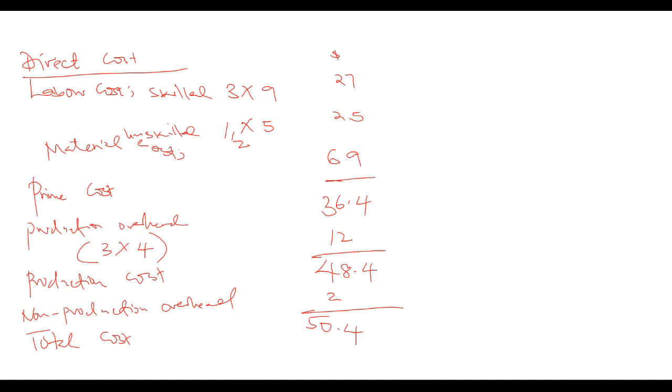That's why I didn't include the $12 and the $2, because you were asked only for the prime cost. Hamida, how are you getting 52.4? I want to understand that so that in future, in case something similar comes up, you don't make the mistake.